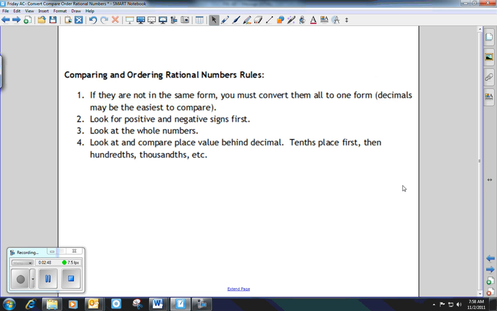And you can put things in order according to the whole numbers using the positive or negative. And then once we've done that, we can compare the place values of the decimals. You know, what number has the largest tenths place? And after you've put them in order according to tenths place, then you can move to hundredths place and order according to hundredths place and then thousandths, etc.